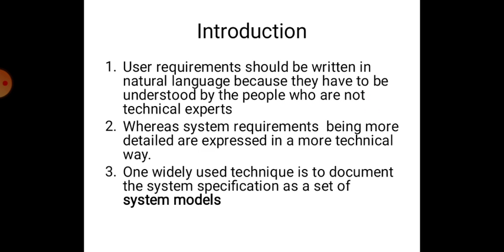The terms used here are more technical because system requirements are the basis on which the system is developed by the software developer. Point number 3, one widely used technique is to document the system specification as a set of system models. So students, a system model is a technique to document the system specification.